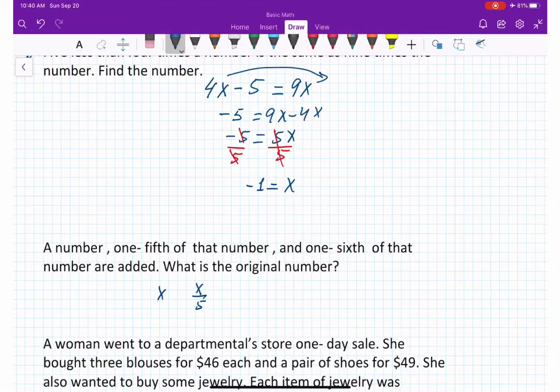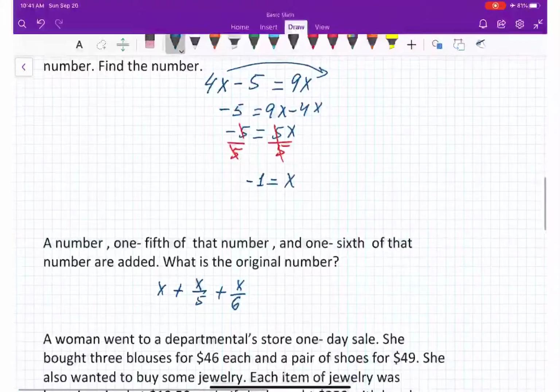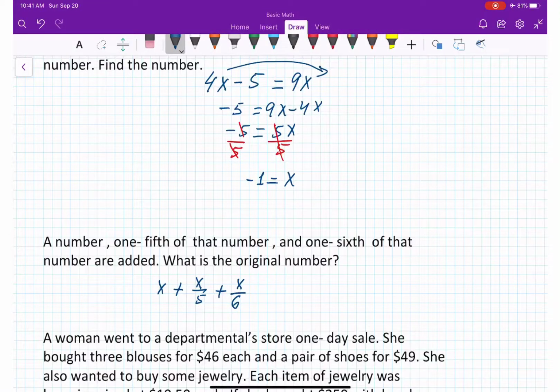And 1/6 of the number, meaning x over 6, are added.